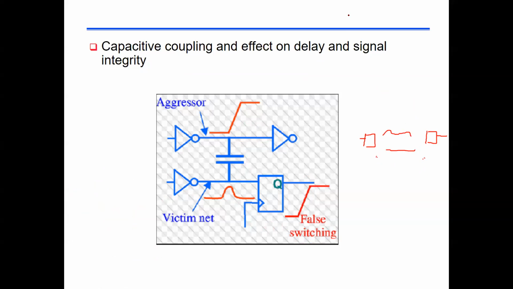So what happens is that for this path, we have certain functional logic, let's consider it one inverter and two inverter, feeding into Q. Here we have a clock. Let's suppose I always latch at the falling edge of the clock.